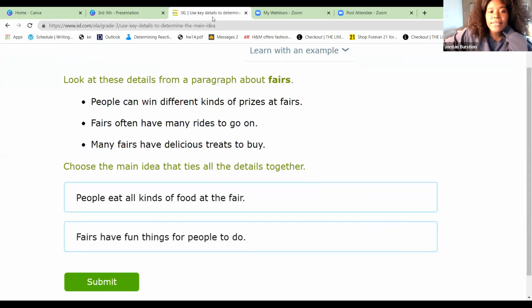So I'll give you both a chance to read it, and then once you've read it, you can type in the chat 1 or 2 to tell me what you think the main idea is that ties everything together. Okay, so I see Emery's picked.